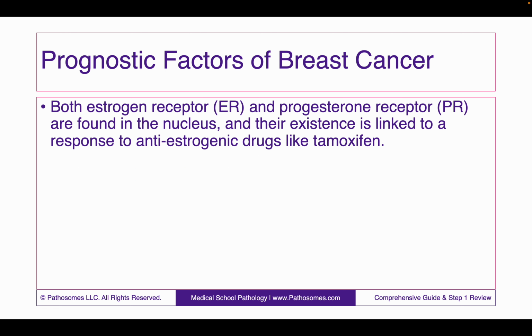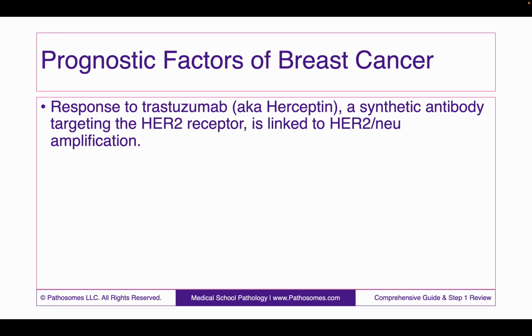Both estrogen receptor and progesterone receptor are found in the nucleus, and their existence is linked to a response to anti-estrogenic drugs like tamoxifen. Response to trastuzumab, aka Herceptin, a synthetic antibody targeting the HER2 receptor, is linked to HER2/neu amplification.